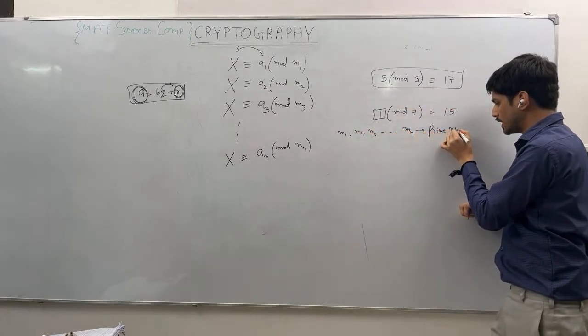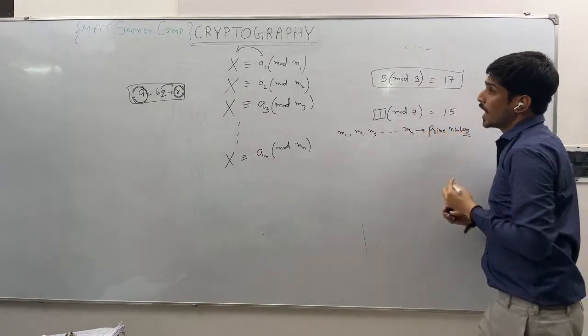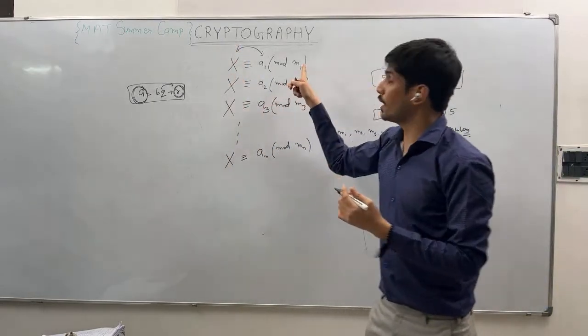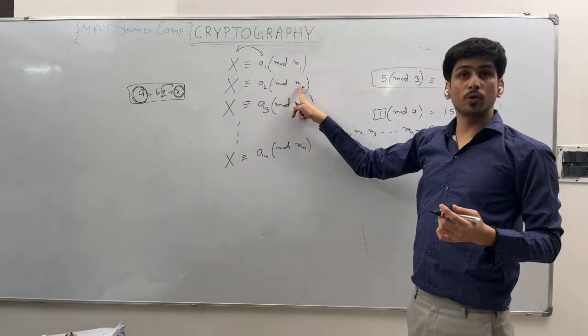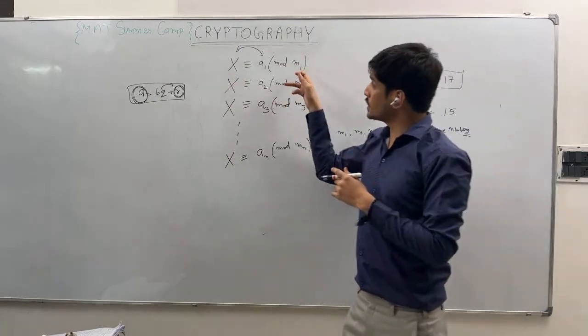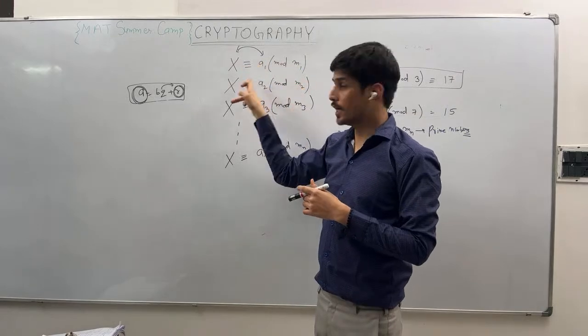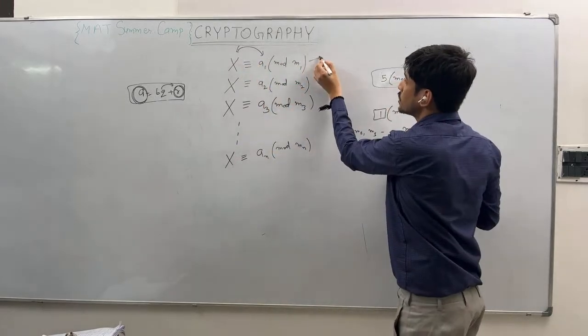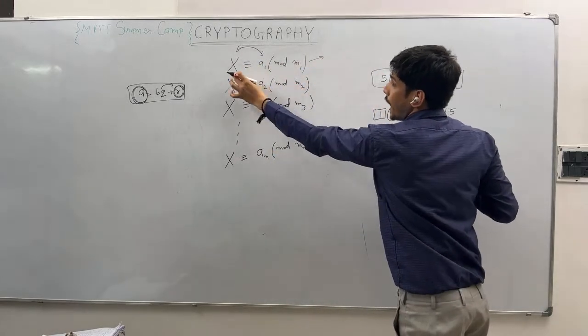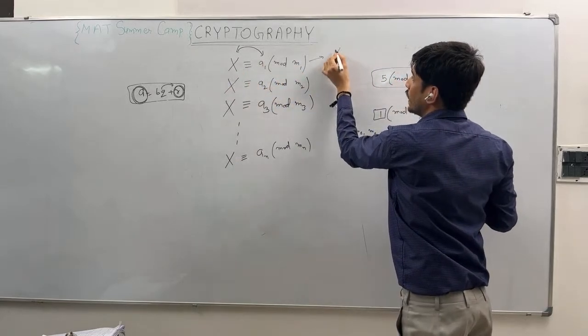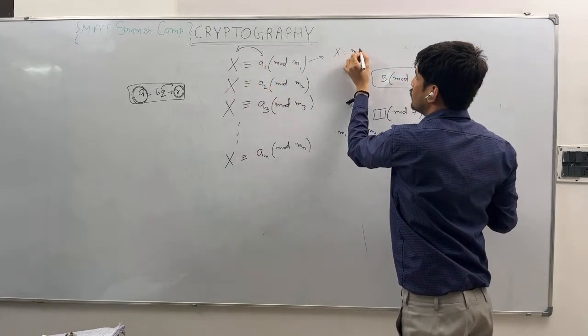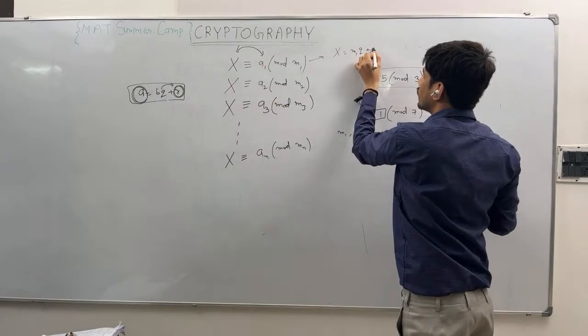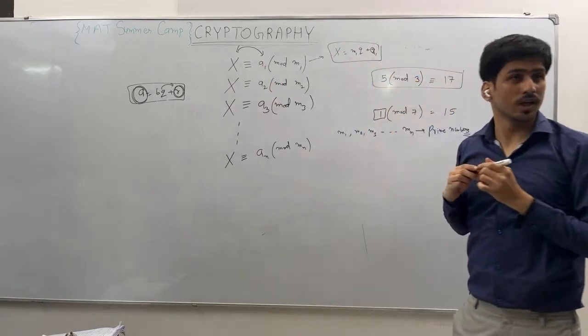I am dividing the same x by prime numbers, that is m1, m2, m3, and the corresponding remainders are a1, a2, a3. In simple words, I am dividing x by m1, so I can write x is nothing but m1 times some quotient plus a1. Is it clear now? Clear, right?